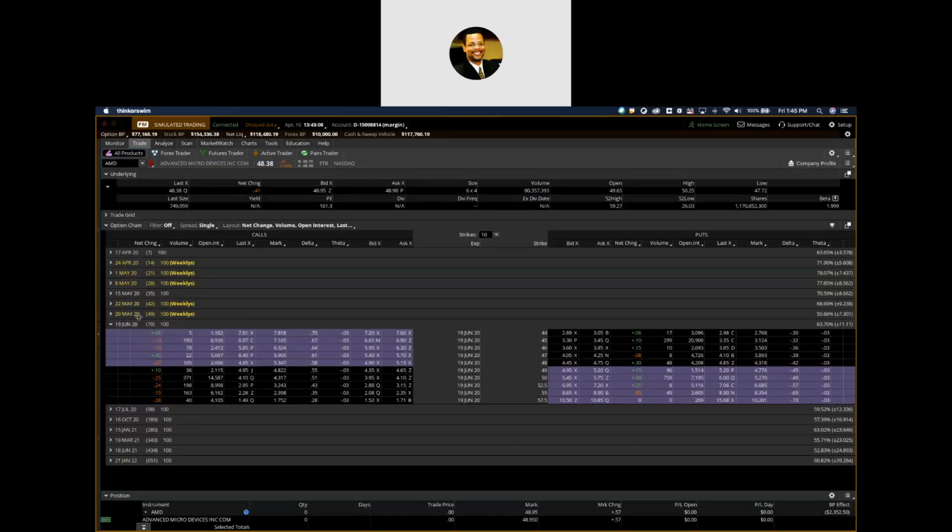Not necessarily, but that's the only next expiration date that's over 35. I don't want a weekly option, and I won't even get into what happens with weekly options. I want an option that expires in the time frame that I want. So I'm going to take this June 19th option, and that's what I want.